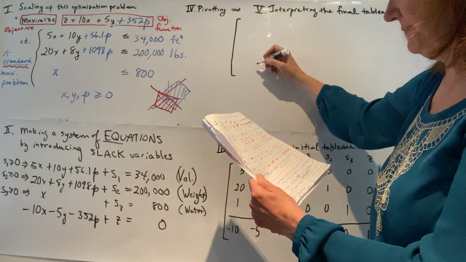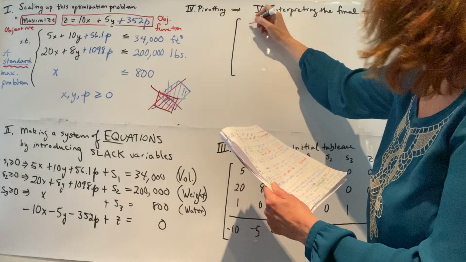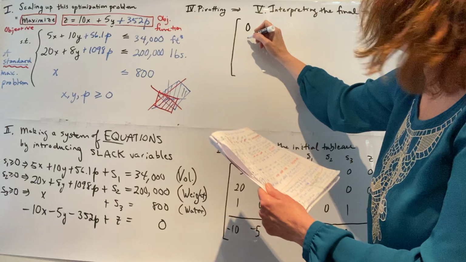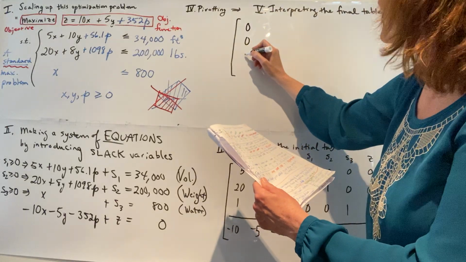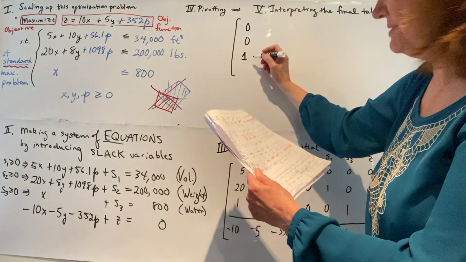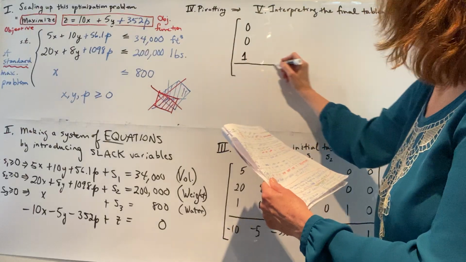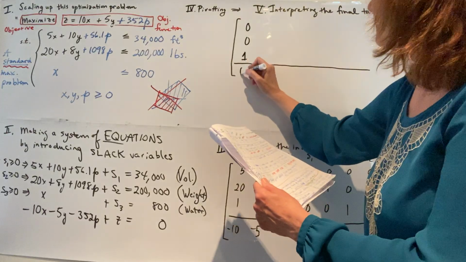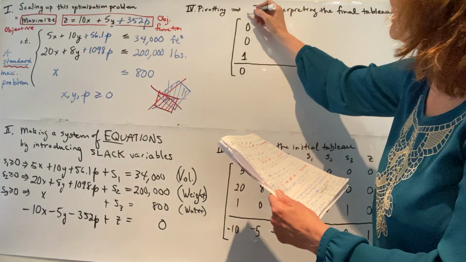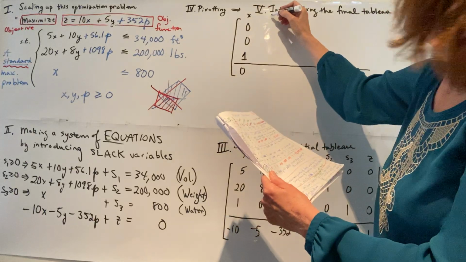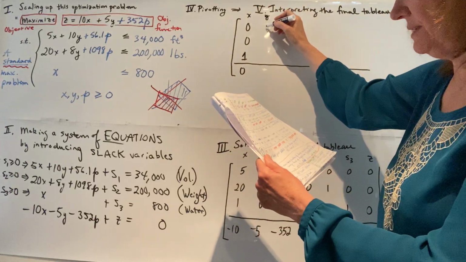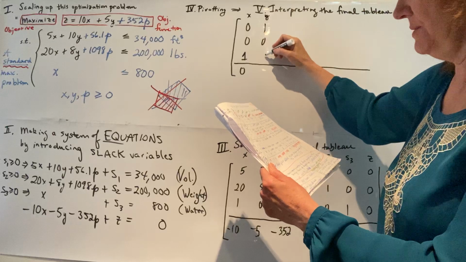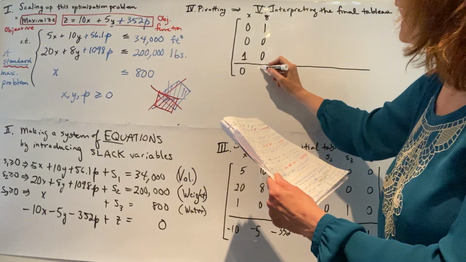Let's see. As you would want in a final tableau, it has several columns with just zeros and ones in them. That was our column to do with X. The column to do with Y looked like 1, 0, 0, 0.